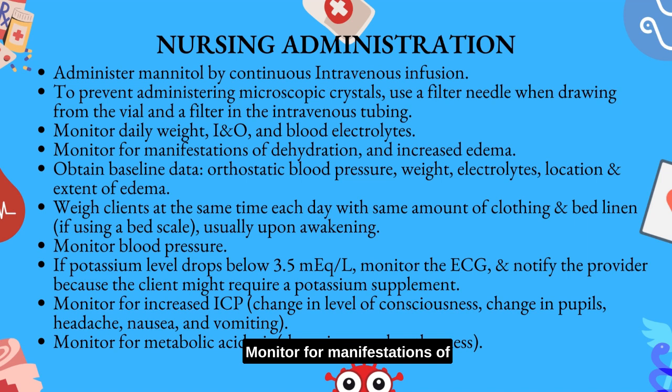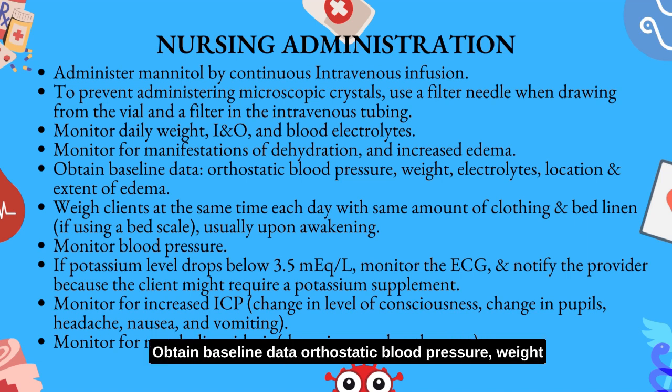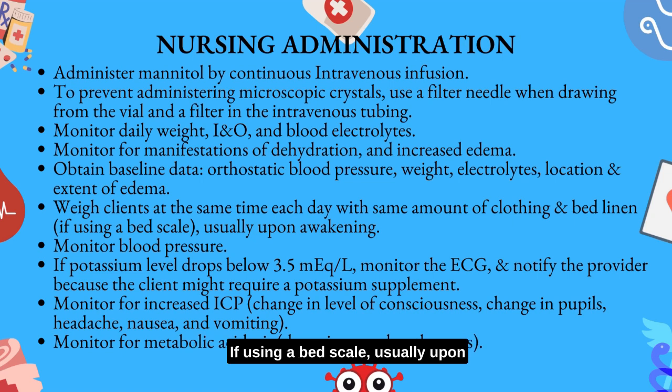Monitor for manifestations of dehydration and increased edema. Obtain baseline data: orthostatic blood pressure, weight, electrolytes, location and extent of edema. Weigh clients at the same time each day with same amount of clothing and bed linen, if using a bed scale, usually upon awakening. Monitor blood pressure.